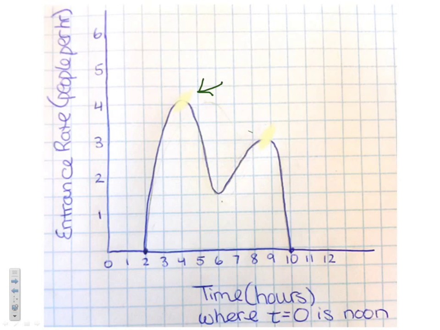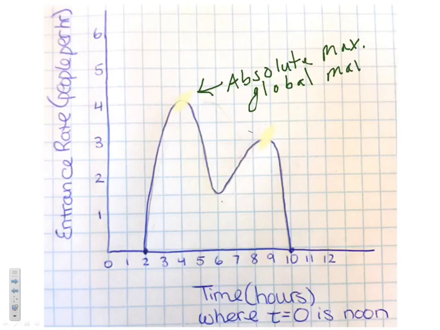Sorry about the writing, guys, I'm using a different stylus today. It's an absolute maximum or a global maximum, and that's because it's for the whole entire function. There is nothing that gets higher.